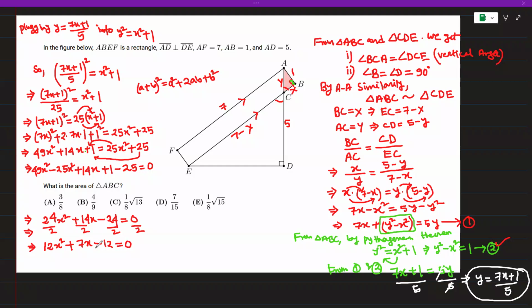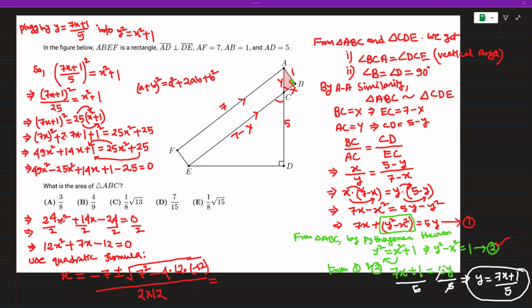Now if we use the quadratic formula to solve the value of x, which is x equal minus b, minus 7, plus minus square root of b square, means 7 square, minus 4 times a, which is 12, and c is minus 12, over 2 times 12.